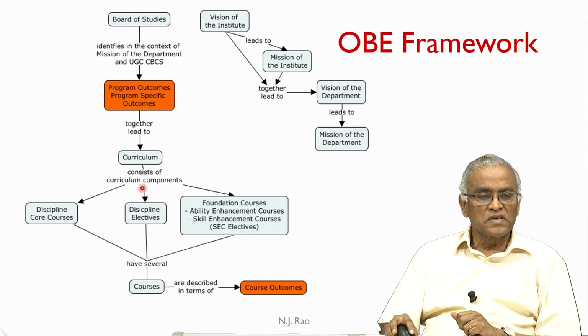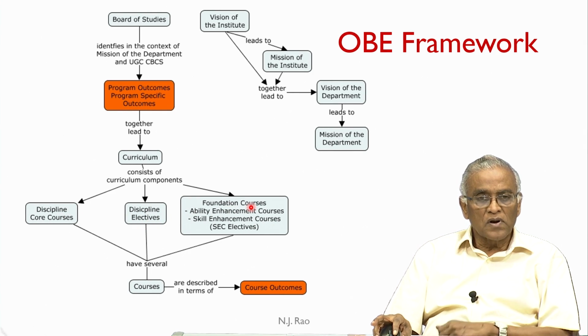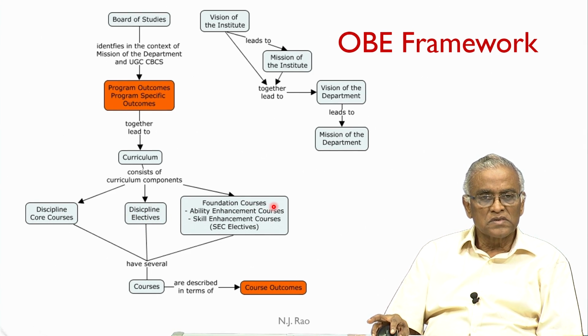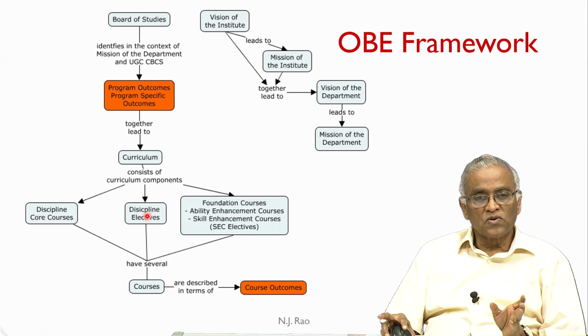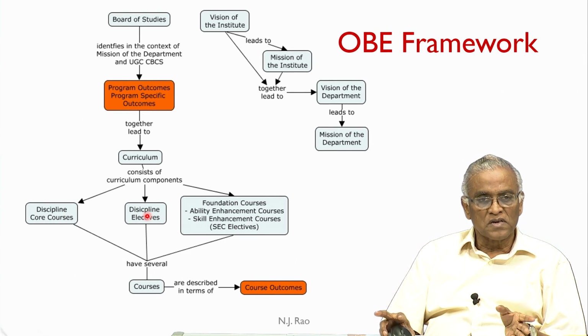Curriculum as per the UGC framework has three elements. One is discipline core courses, discipline electives, and then you have what are called foundation courses, and foundation courses have ability enhancement courses and skill enhancement courses. Now if you look at the discipline electives and skill enhancement courses, these are electives. That means these courses are not necessarily taken by all students.